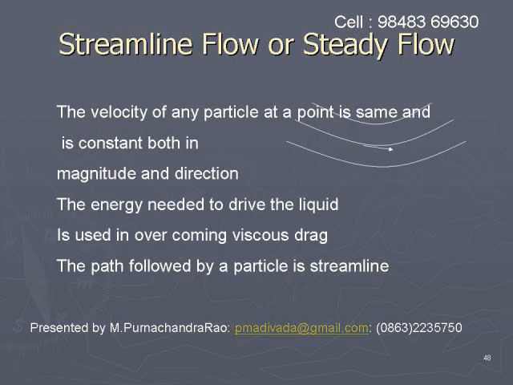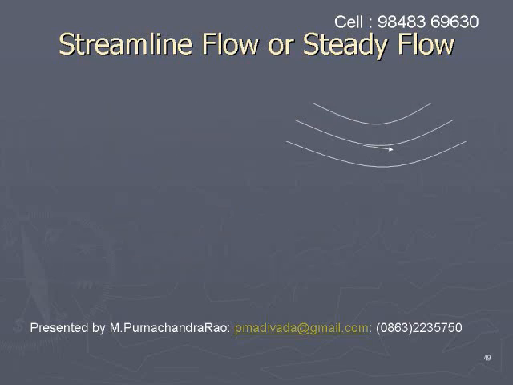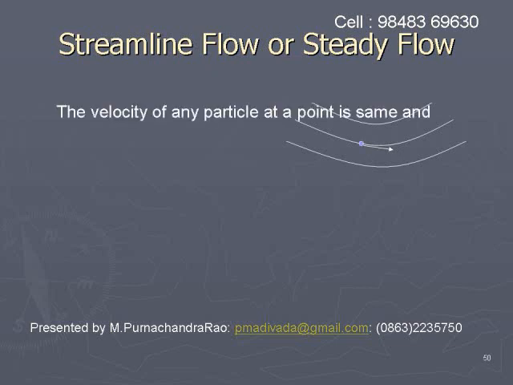Streamline flow or steady flow. To understand this, let us consider a flowing fluid. Let us represent the path of the particles flowing in the fluid by the curves shown in the figure. The three curves indicate the paths followed by the particles of the fluid, and a number of particles will be crossing along each line.